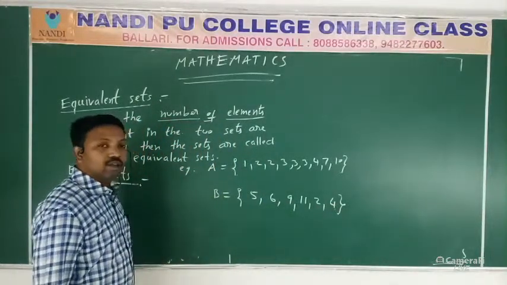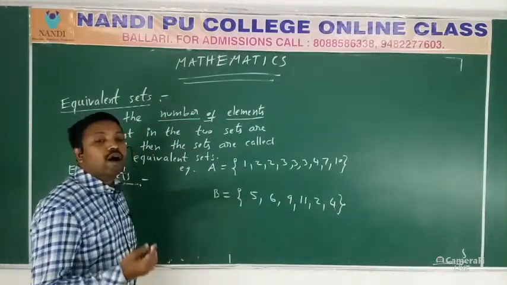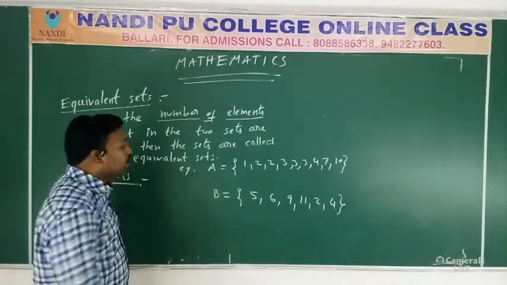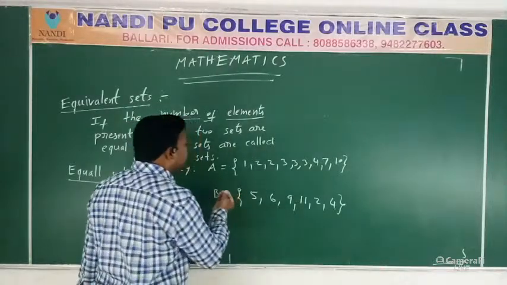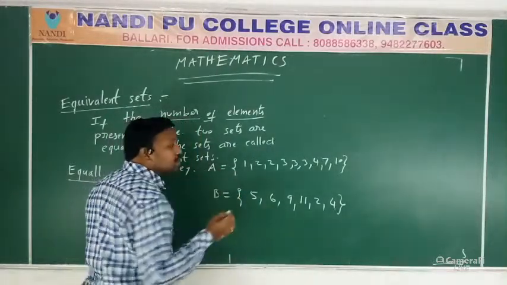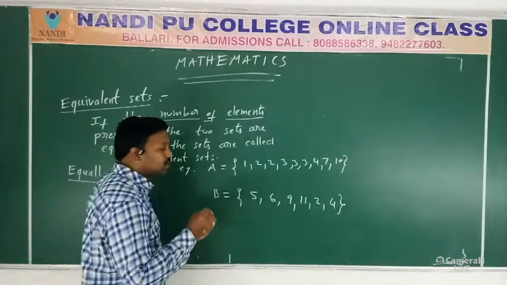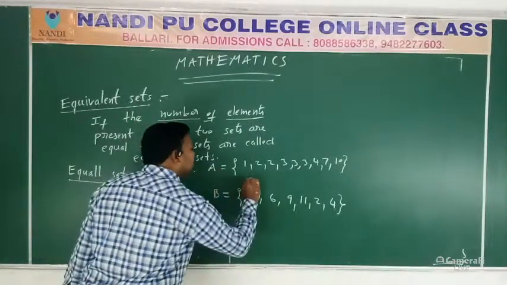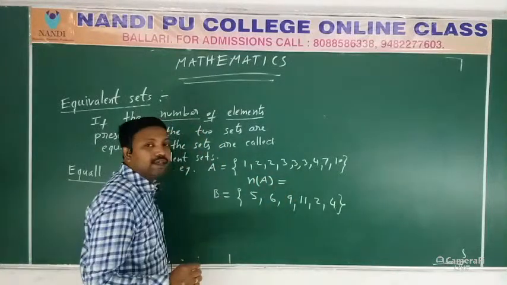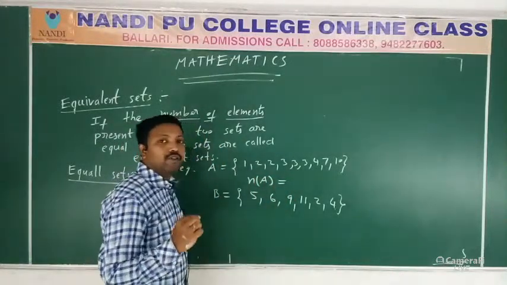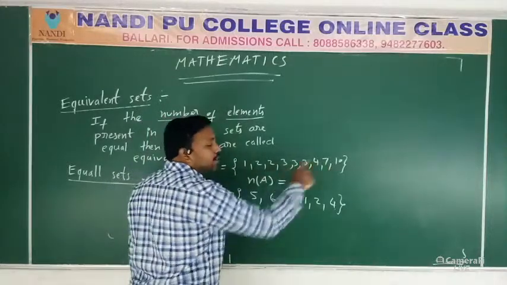These two sets, if you take the order of the sets, what is this order? Order means the cardinal number, that is, the number of elements. Just now we discussed the number of elements. If you take n of A, the number of elements present in this set, how many elements? We should not count all the numbers.